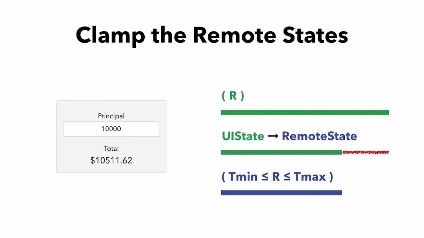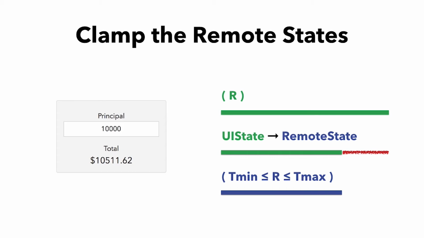Now, if you look at this little example playing on the left, you'll see that as I go above the 10,000, the total doesn't update anymore. In this case, that's quite confusing to the user. In some cases, this might make perfect sense. So you could use this pattern, but in this case, it's not really going to work.